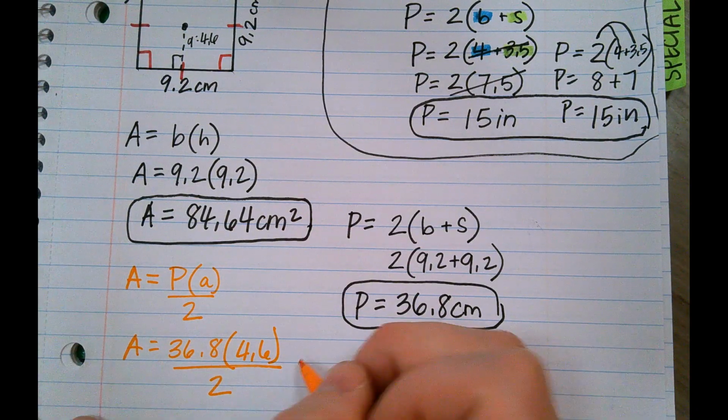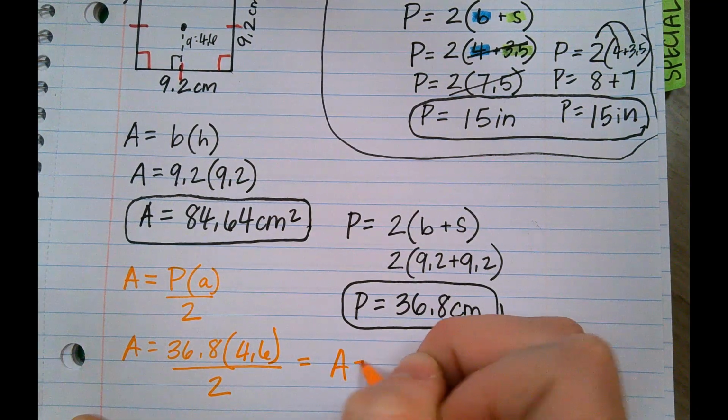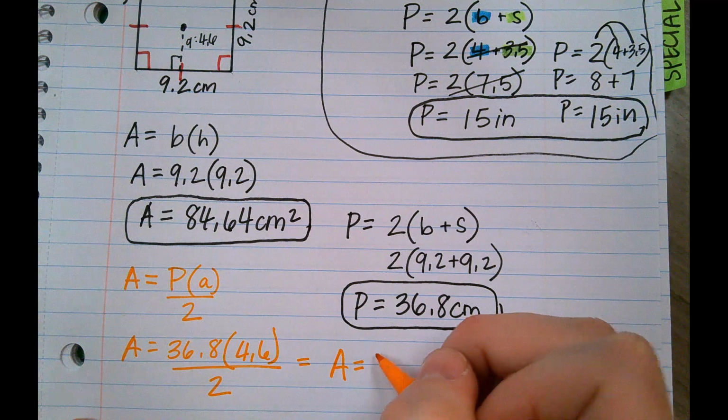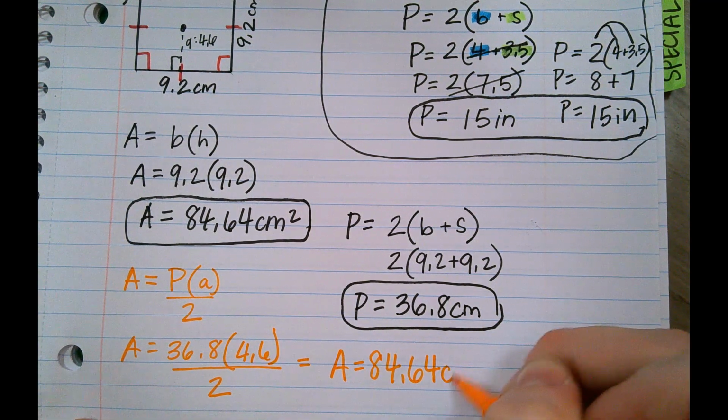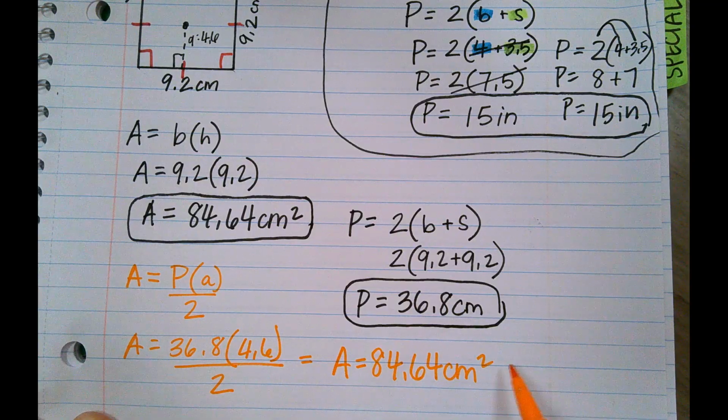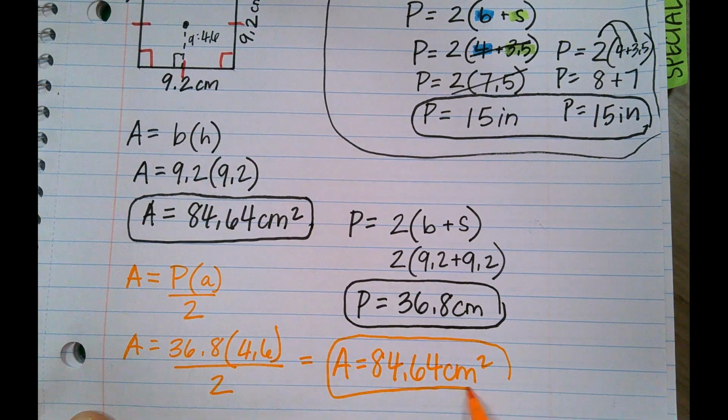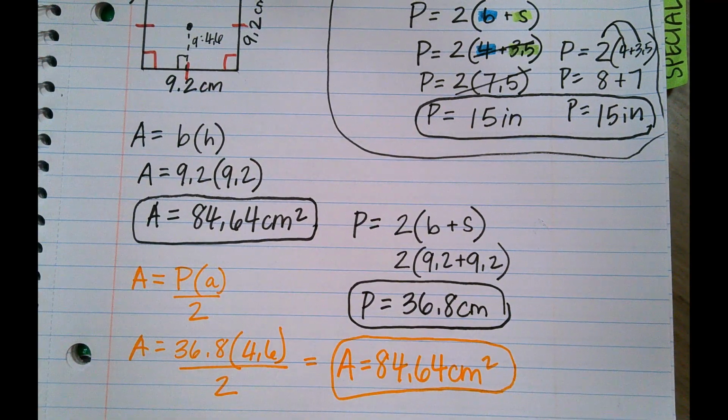It works. We did the same thing, 84.64. Neat. Squares are nice. They make things easier. Everything's the same.